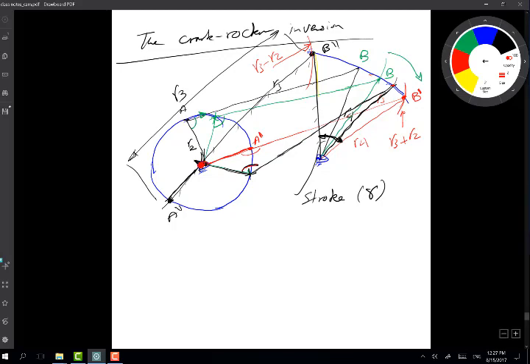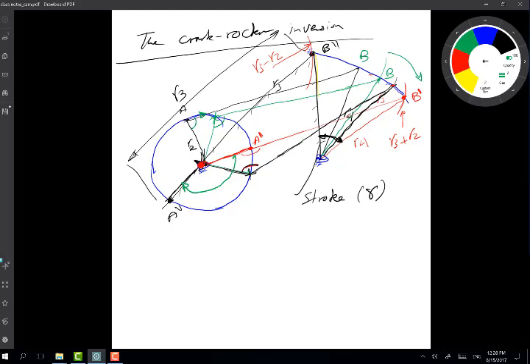Okay. So what happens now is my crank rotates between A prime and A double prime, right? To bring the rocker from B prime to B double prime, okay?